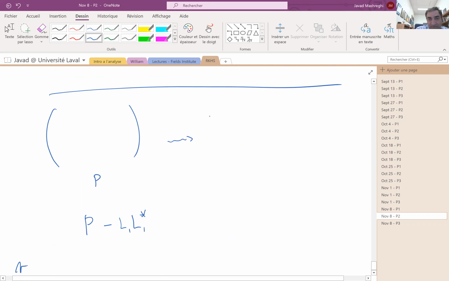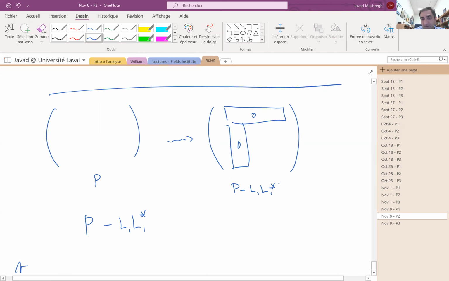And this gives me a matrix such that this is 0 and this is 0. This is my matrix P minus L1 star. And then I do this one more time, and one more time if the algorithm still doesn't tell me that the matrix is not positive. Then I continue and I obtain the matrix.